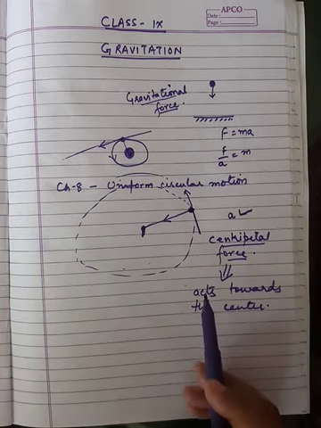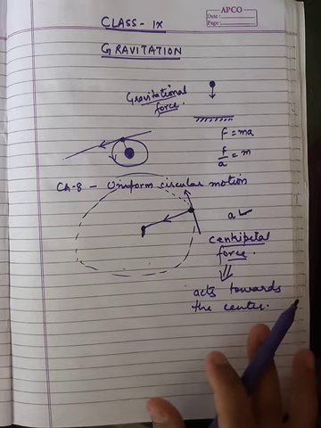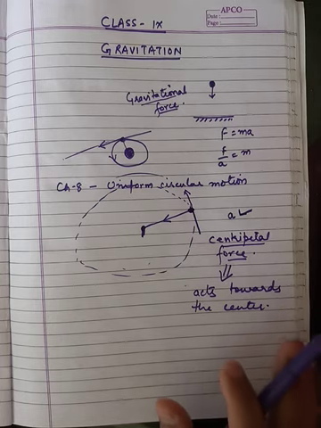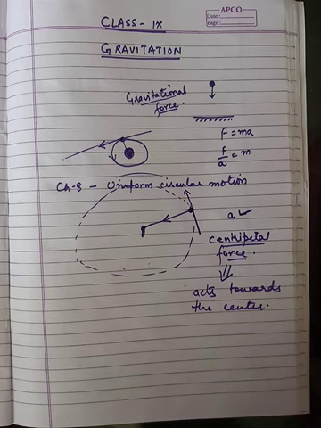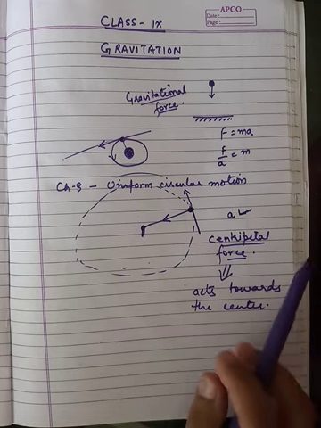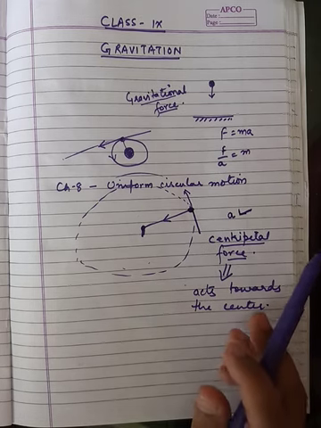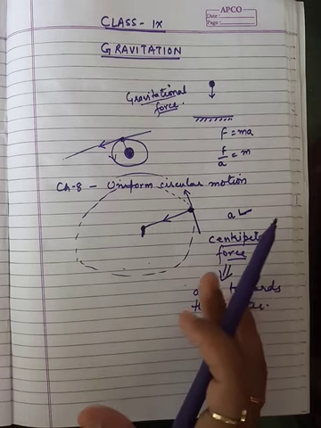So here, after this, Newton generalized this idea. He came to the conclusion that it is not only the earth which attracts the other objects. Rather, there exists a force of attraction between any two objects in this universe.